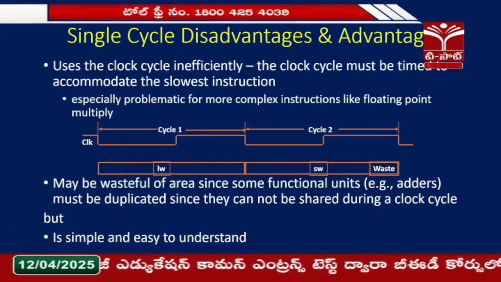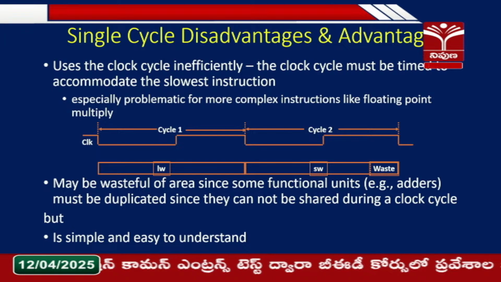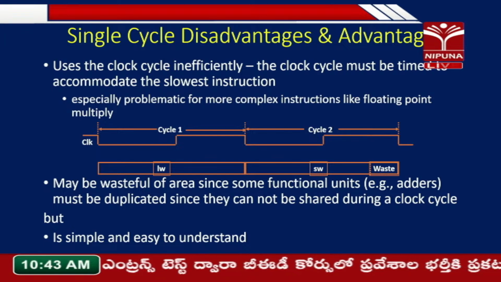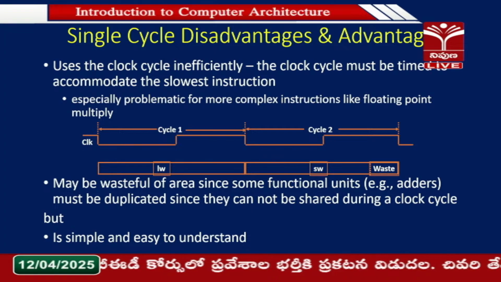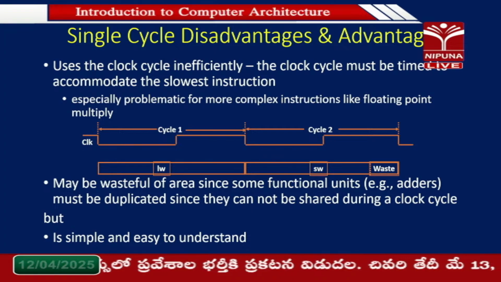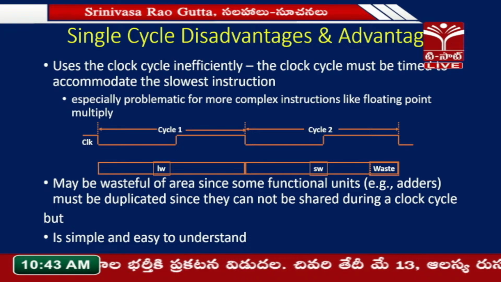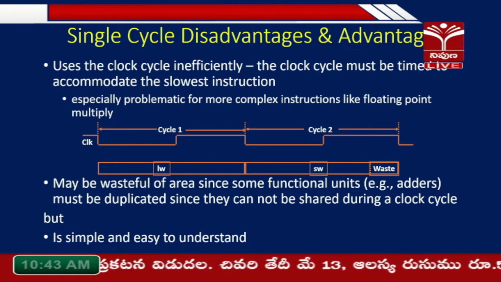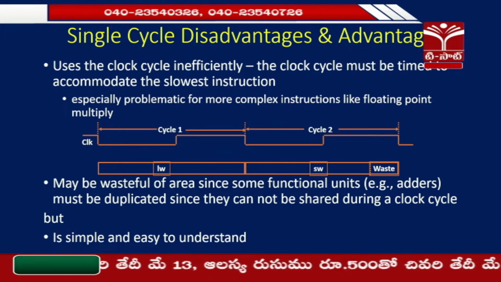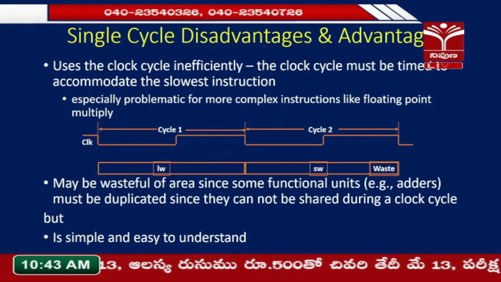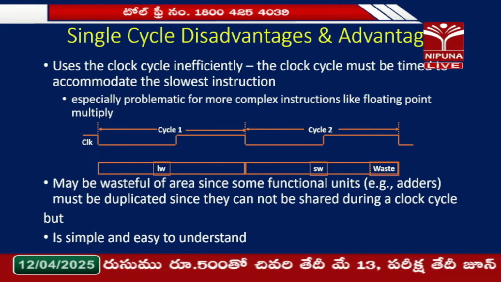So, in terms of the current data path that we have looked at, when you look at the clock cycle and the actual execution of this data path, there is no state element in the data path. Anytime a clock cycle happens, take the example of the load word here.